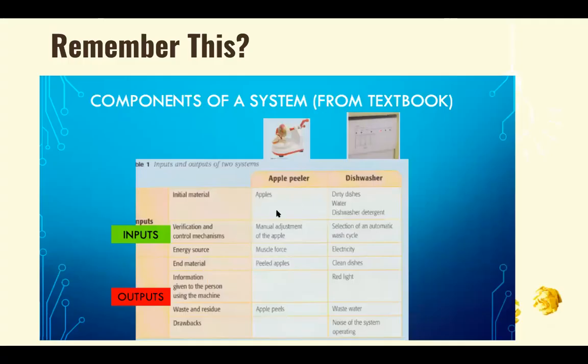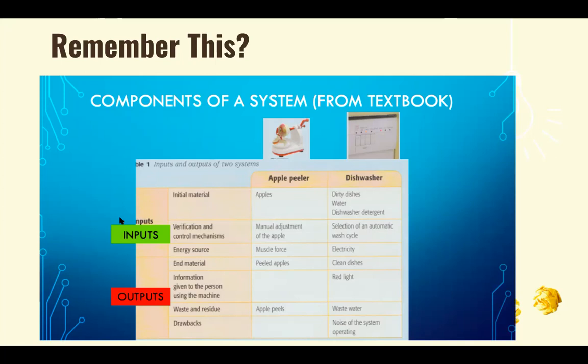All right, so this was also in your textbook. Please excuse the fact that it's cut off, but we were talking about this in an earlier part of our studies. Let me just go to the page. This was on page 391. We were talking about this in terms of components of a system.